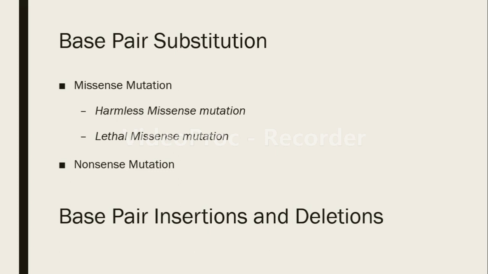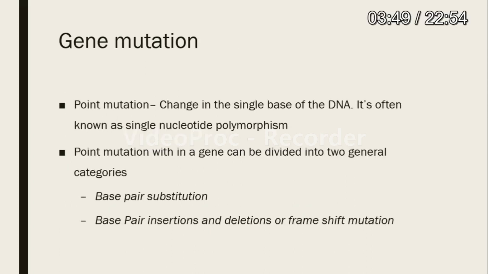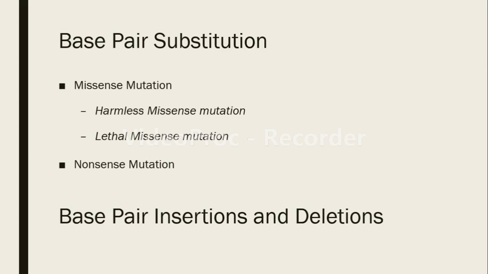So the two types of base pair substitution are missense and nonsense. Missense has two types, that is lethal and harmless. Now the next one is base pair insertions and deletions.